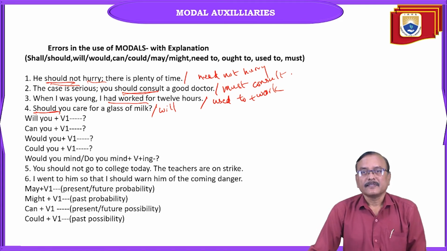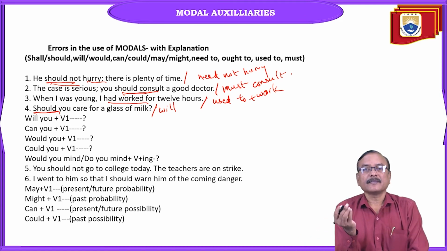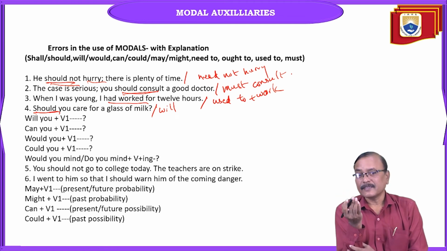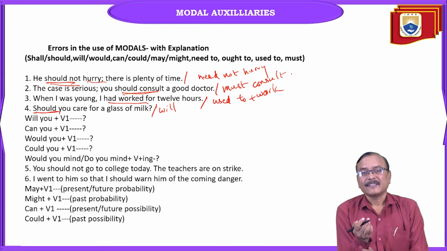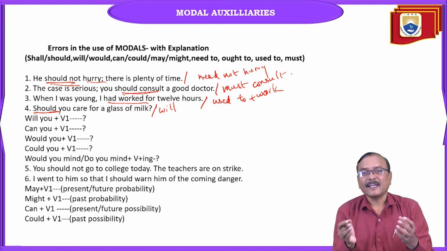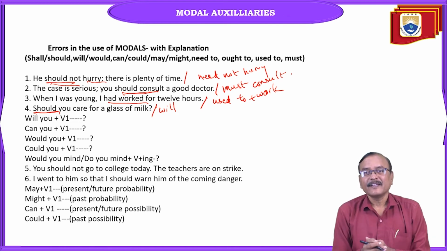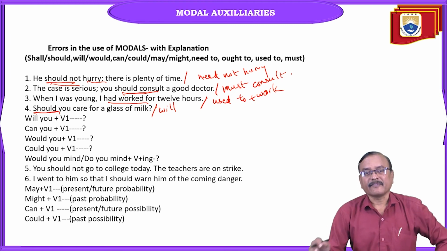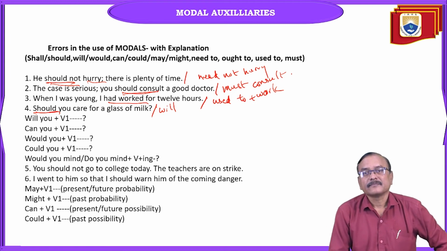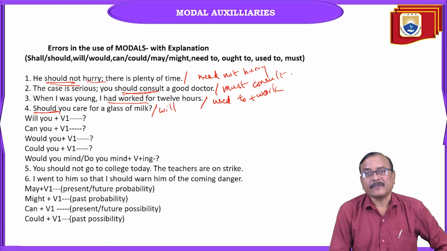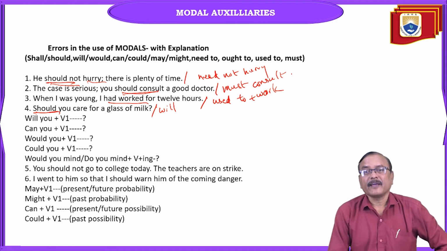So this is just asking permission, asking a suggestion, right? And not exactly a suggestion. "Will you care for a glass of milk?" means, can I take a glass of milk? Indirectly, it is a request. Here, "Will you care for a glass of milk?"